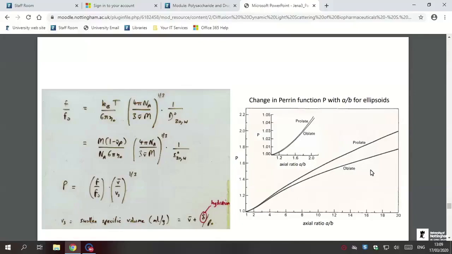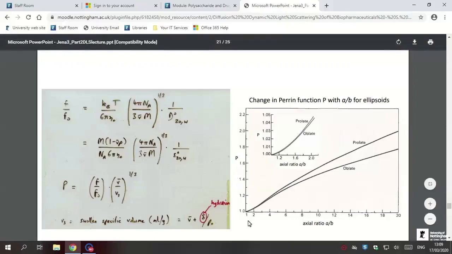You just select the parameter you want to use, so you can get the simple axial ratio of a macromolecular assembly using the Perrin function or the viscosity increment in the program ellipse1. There are other shape functions as well, but these are the two principal ones we meet in the MSc course.